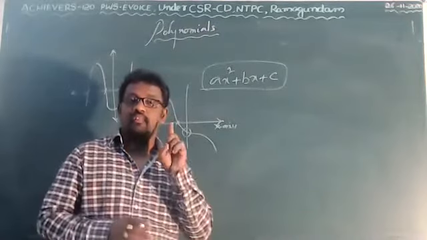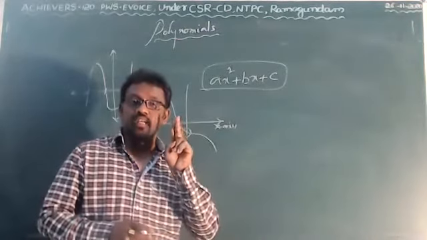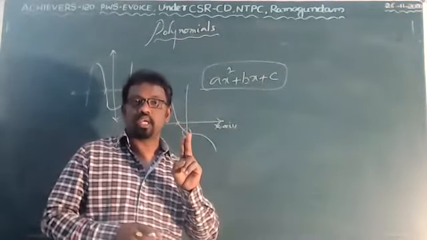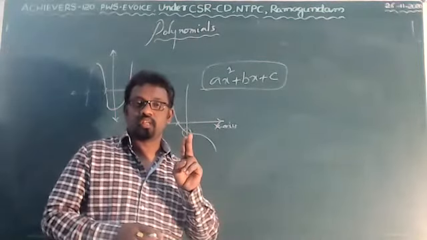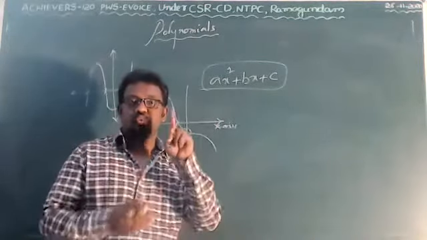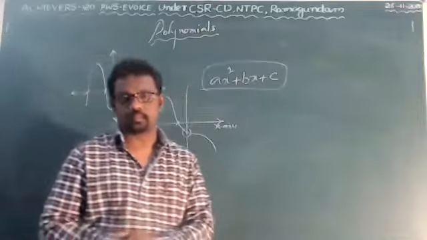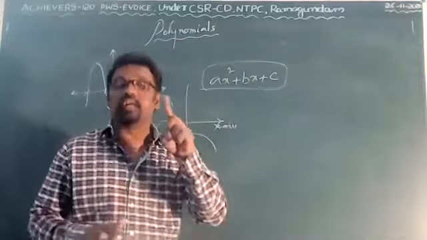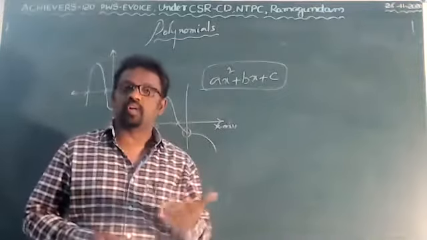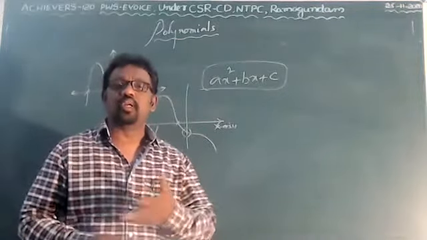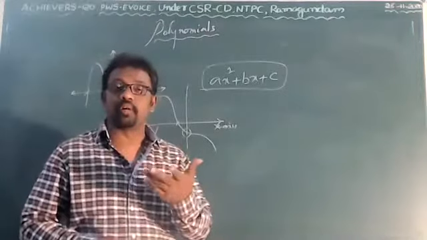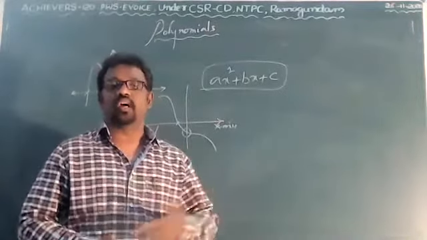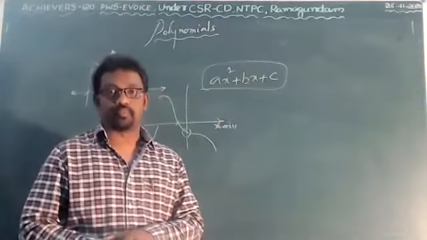In paper 1, we have polynomials and linear equations. In these two graphs, one graph surely we will get. We have to be very thorough on one graph. If you are thorough on one graph, it's very easy to learn, to remember, to execute the graph or solution.